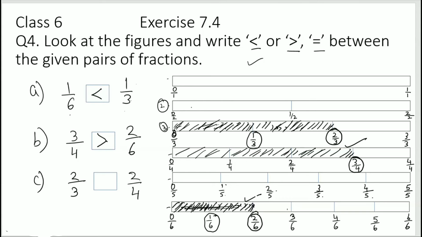Okay, so this entire thing here, till 2/3 is 2/3, and 2/4 would be till here because 2 by 4 is here. So it's only till here. So we are comparing 2/3 and 2/4. So we can see that 2/3 is greater than 2/4. Okay, let's do the next one.